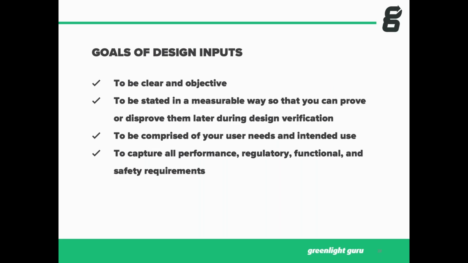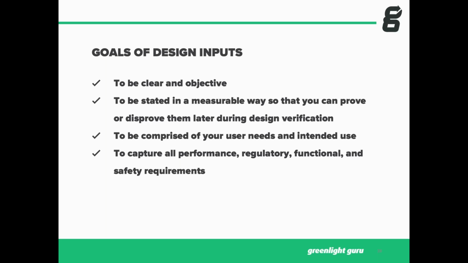Again, you're trying to establish design inputs that are clear and objective. You're trying to establish design inputs in a way that you can measure, improve, and demonstrate through activities like design verification. You need that to show that this thing's safe. You need to show that this thing works, and one way to do that is to have clear objective criteria in order to do so.